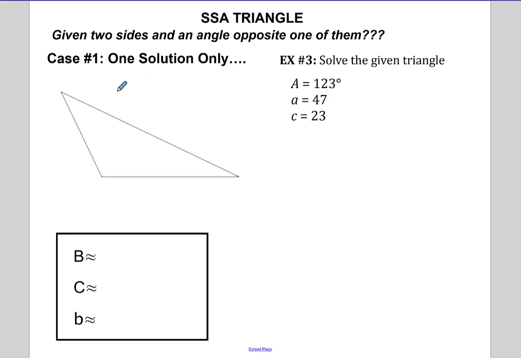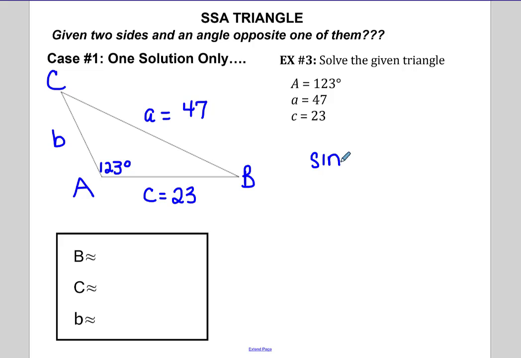Okay, here we have one that is a side and an angle. So I'm going to start out here, capital A, B, capital C, A, capital B, C. We know A is 123, little a is 47, little c is 23. So first we want to set up the proportion we have, and we have the sine of 123 over 47 is proportional to the sine of c over its side 23.